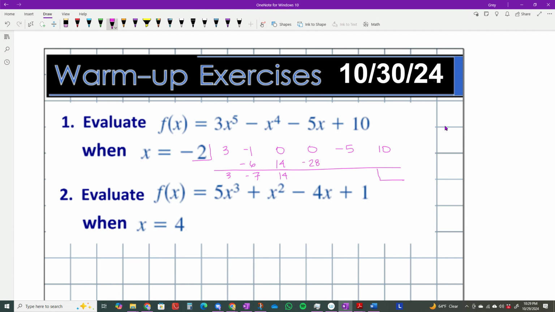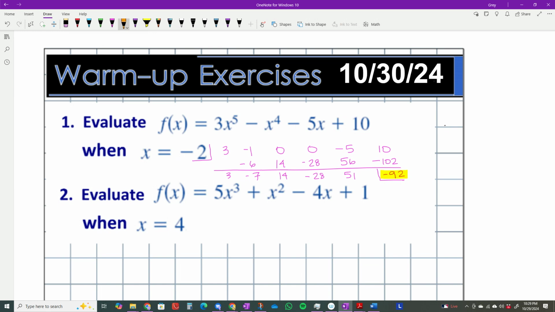Times -2 is -28. Add, -28 times -2 is 56. And -5 is 51. Times -2 is -102. And you get -92. So I'm hoping you all, when you did your warm-up problem, took -2, plugged it in there, and got -92.